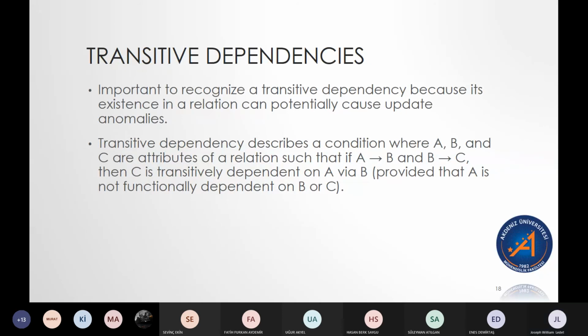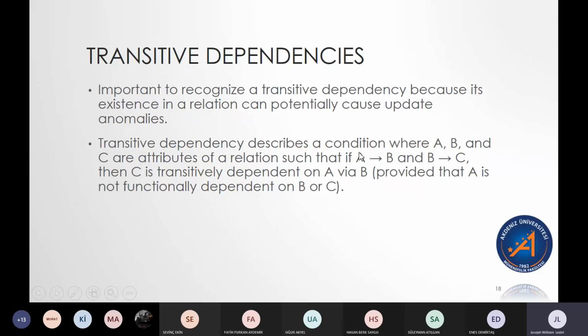The idea of a transitive dependency is when we have, inside of a relation, some set of attributes A determining some set of attributes B, and B determining some set of attributes C. We call this a transitive dependency because we know that A determines C, because A determines B and B determines C.